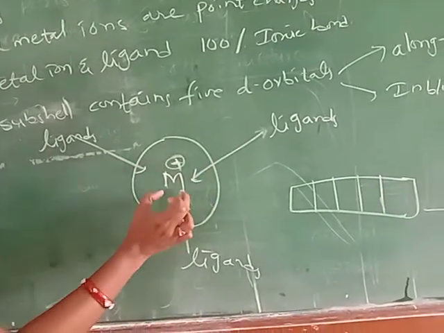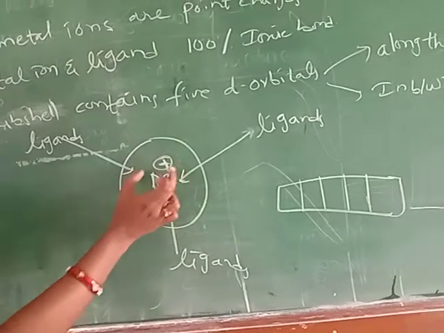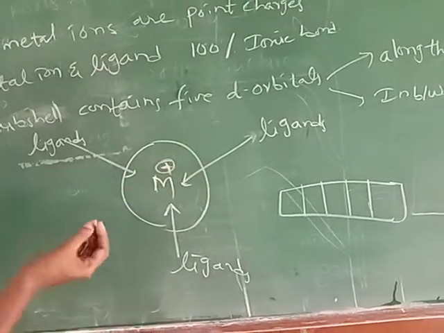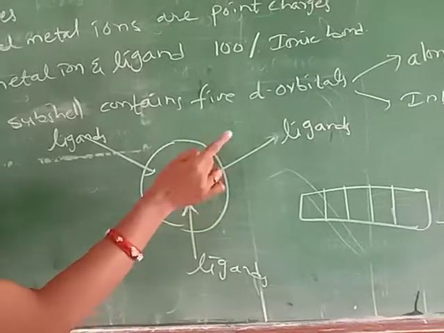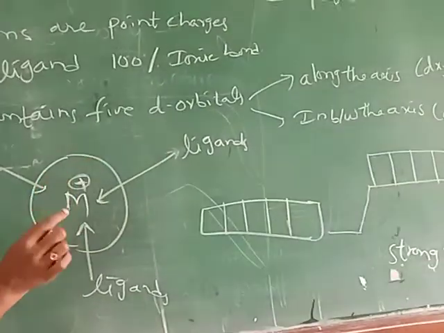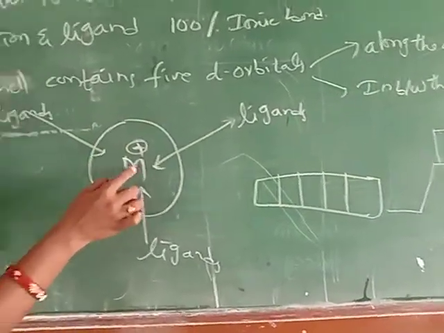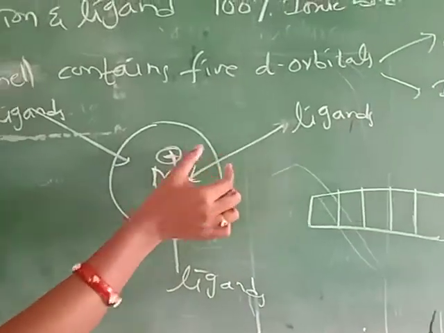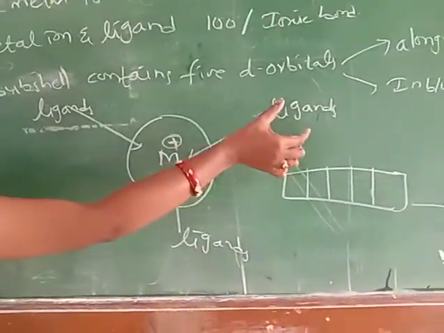Which orbitals are present along the axis? Those are 2 orbitals, dx square minus y square and dz square. So these 2 orbitals show high repulsions with ligands.